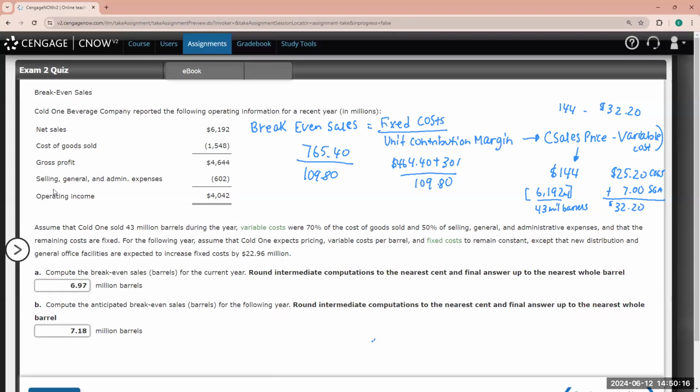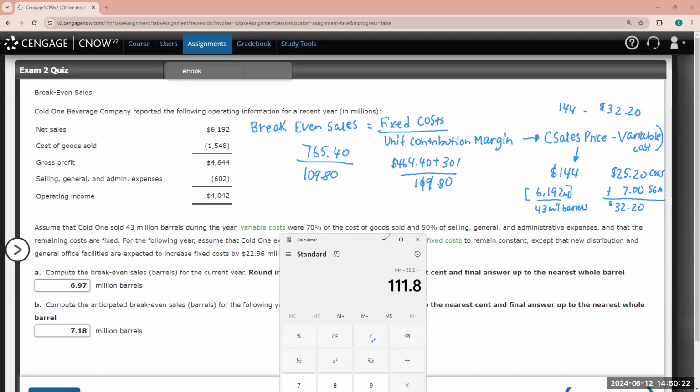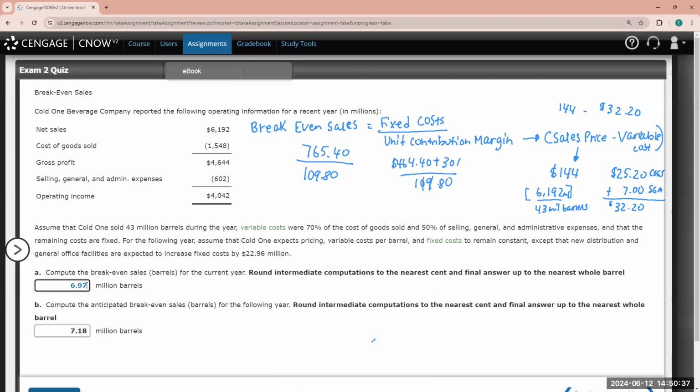All right, so there should be 111.80. All right, so with this new change, our numbers would change as follows: 765.40 divided by 111.80. So in this case, we would need to sell 6.85 units.